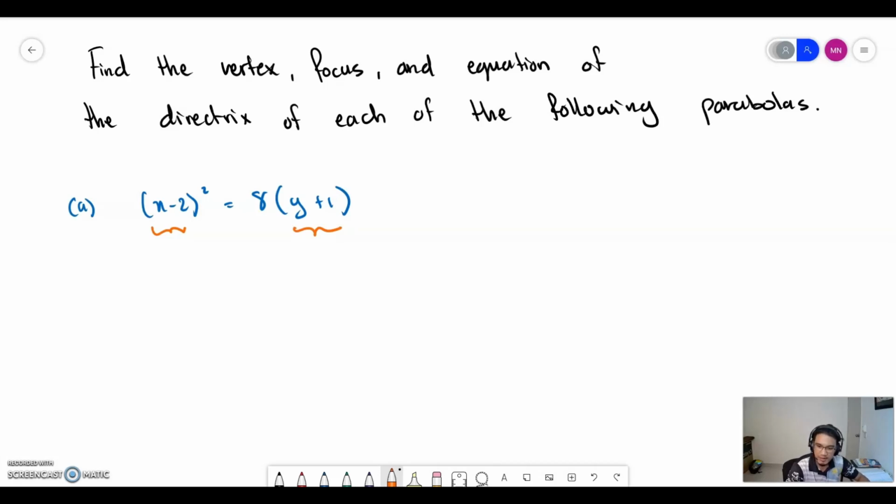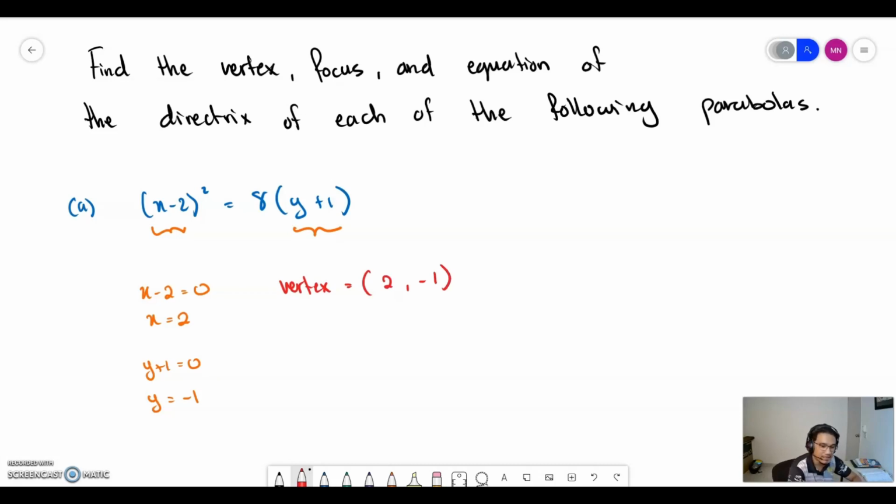In order to find the position of the vertex, we just take each of the brackets. So x minus 2, make it equal to 0, so x equal to 2. Then y plus 1, make it equal to 0, so y equal to negative 1. So from here, we can say that the vertex is 2, negative 1.